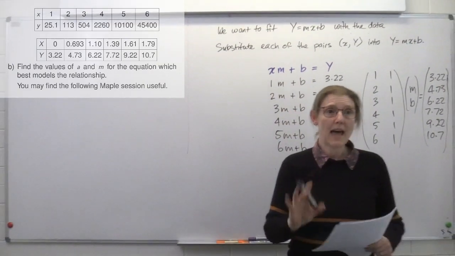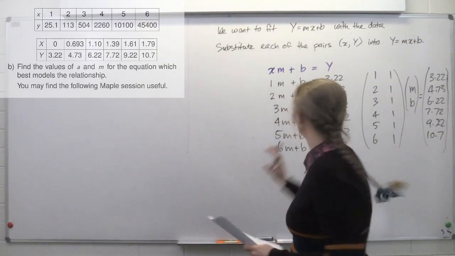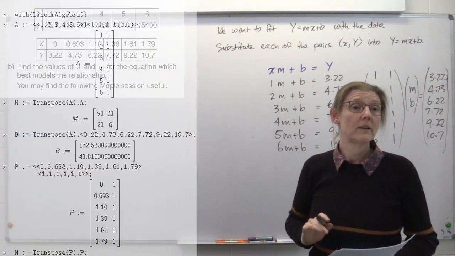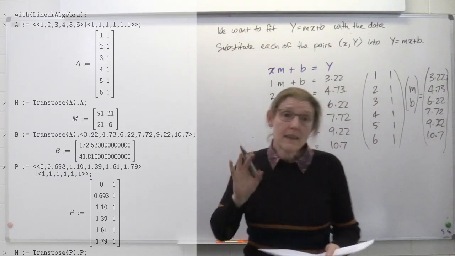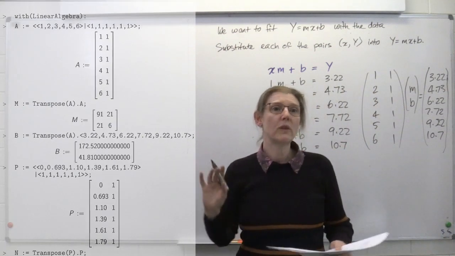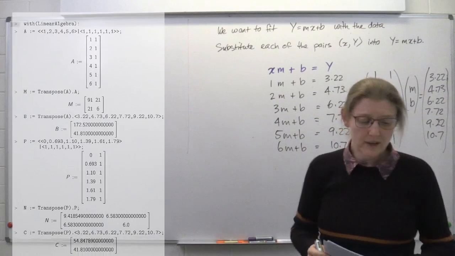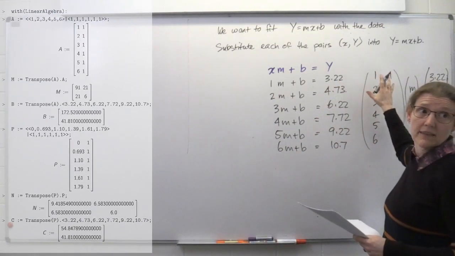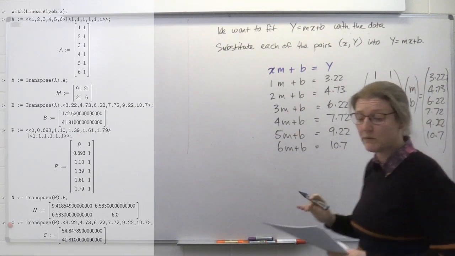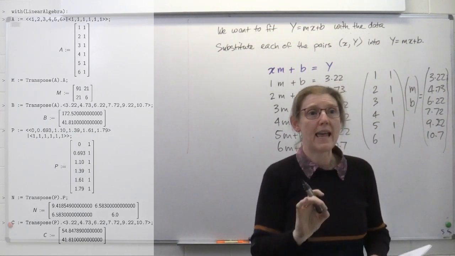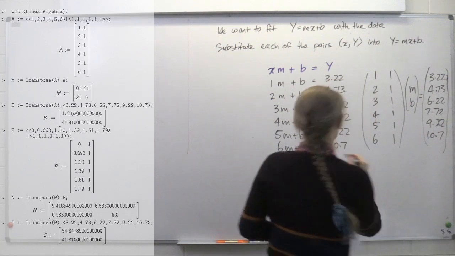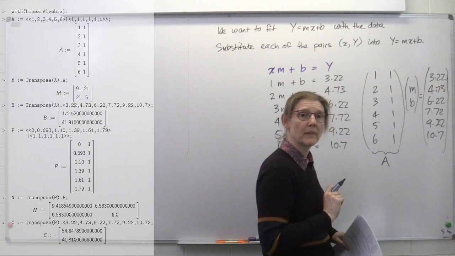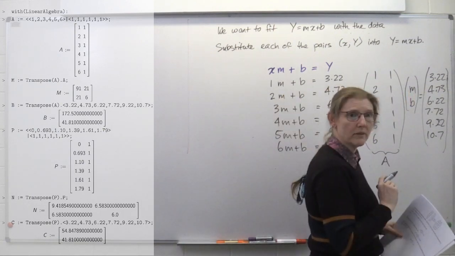Now we're going to leave this matrix equation up and look at the Maple code. In the Maple code we've got some really useful information. On the left here you can see that that matrix corresponds to the matrix A in the Maple code. M and B are our unknowns.